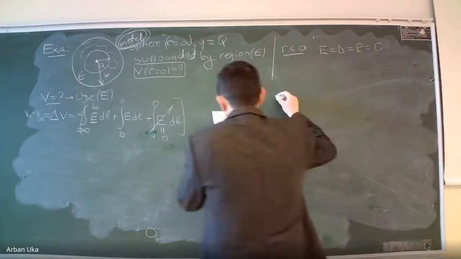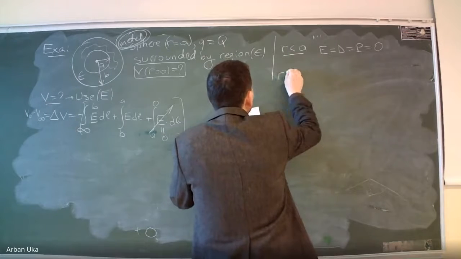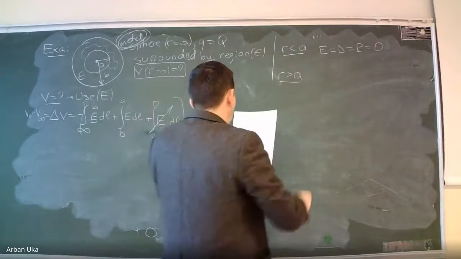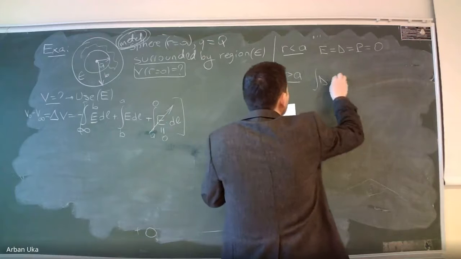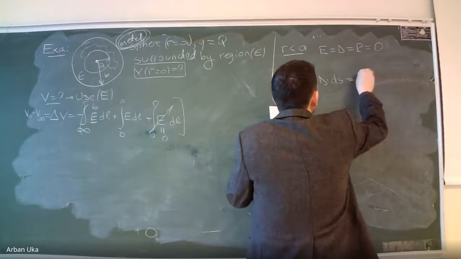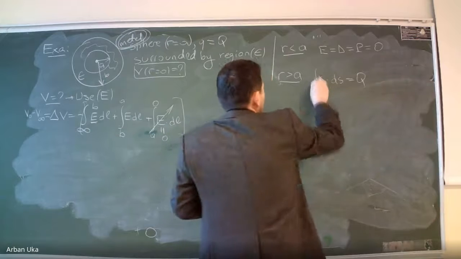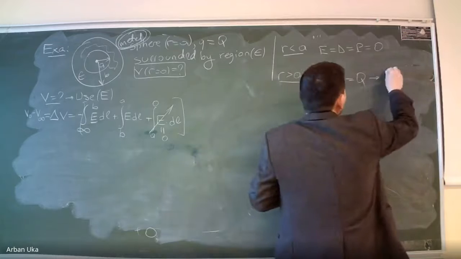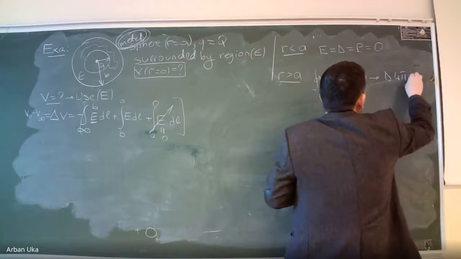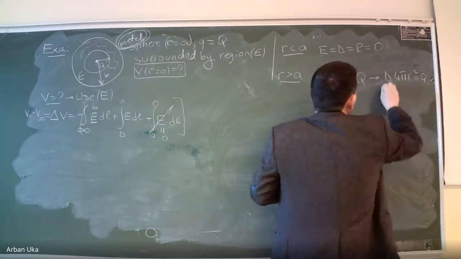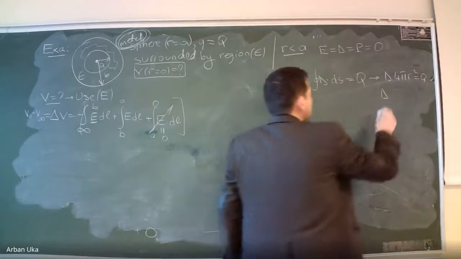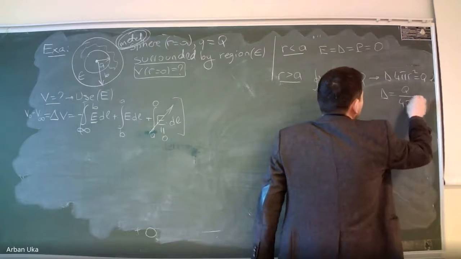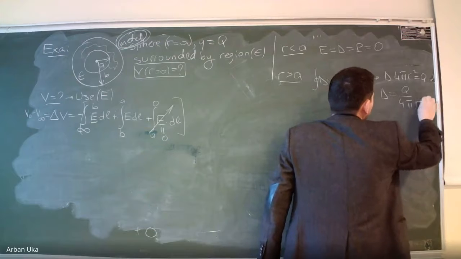Let's pick another region, where R is larger than A. If R is larger than A, we can write the following: the integral of D dot dS is equal to Q. From here we can say that D times 4 pi r squared is Q, and the electric flux density D is equal to Q over 4 pi r squared.